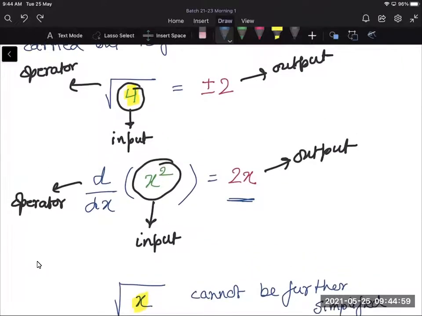Of course, root wala operator you can draw with a single stroke of your pen, but the d by dx wala operator you cannot draw with a single stroke of your pen. You have to have d upon dx and then bracket, right? So whatever your instincts for algebra tell you, please be careful. Okay.